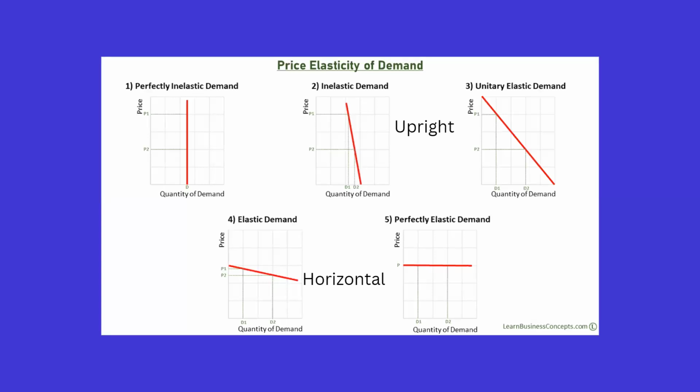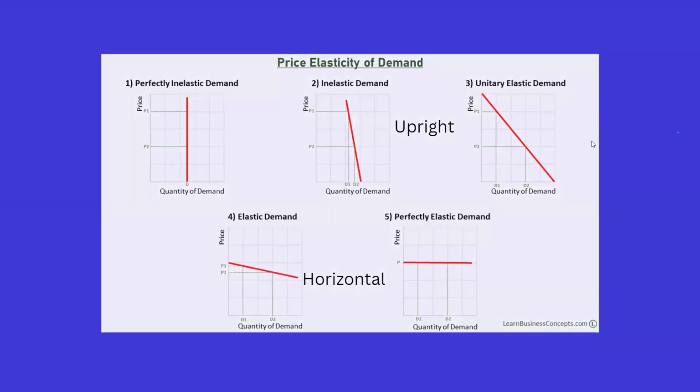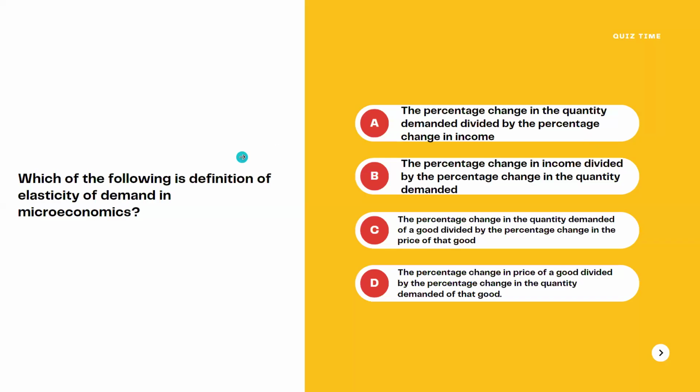So the change in the price, also known as the difference in price, or delta P, if we compare with the delta D here, then delta P would be greater than delta D, right?